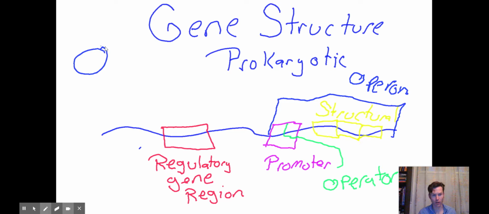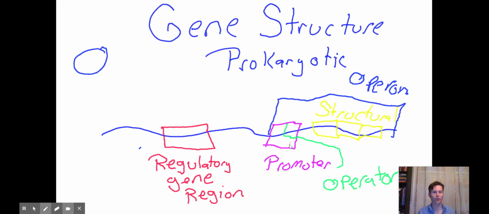Because they're all on one singular chromosome, evolution has led to the development of what are called operons. So within the genome of the prokaryotic organism, there are these collective gene regions called operons. So instead of just being a singular gene here, there are a bunch of related genes all under the same regulation mechanism.